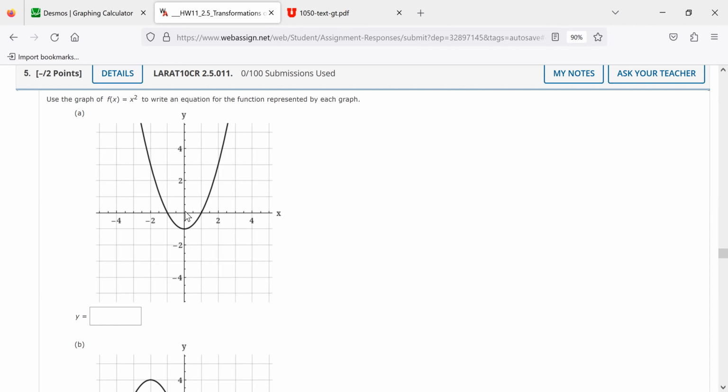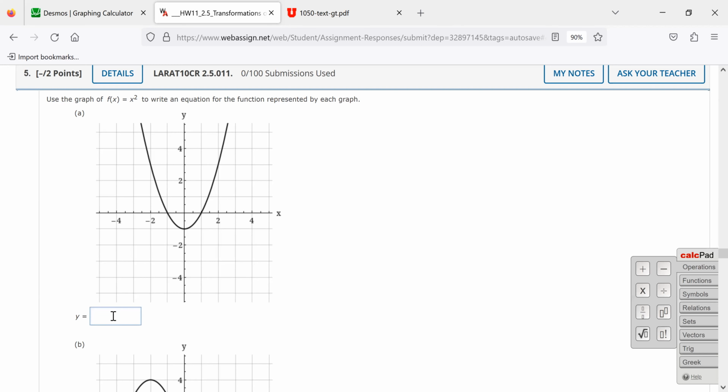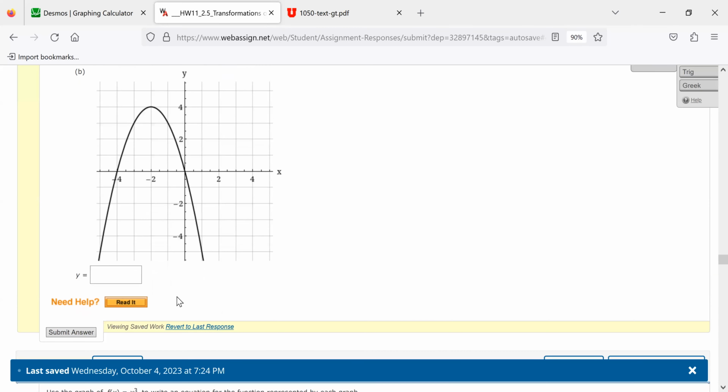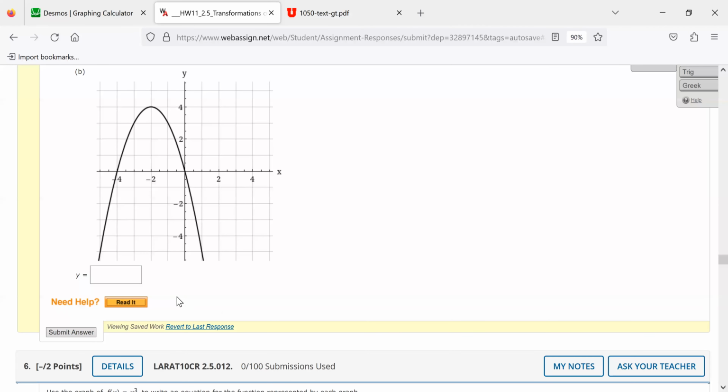Yeah, it's shifted down 1, right? Does that make sense? It's a vertical shift. What about B?